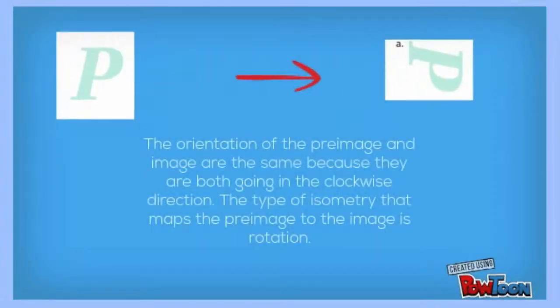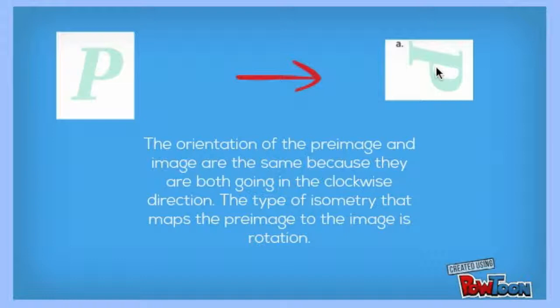In this example, the figure on the left, the P, is the original figure, and this over here, A, is one example. Firstly, the orientation of the pre-image and image are the same because they're both going in the clockwise direction. A is being rotated in a clockwise direction, and the type of isometry that maps the pre-image, the figure on the left, to the image is called rotation.